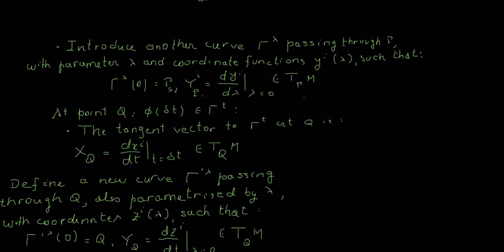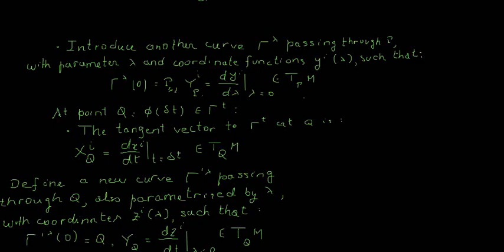Then you define here again this index i. These are the components of the tangent vector at Q, and this i here is free. So this belongs to the tangent space at point Q, because you are working now at point Q.